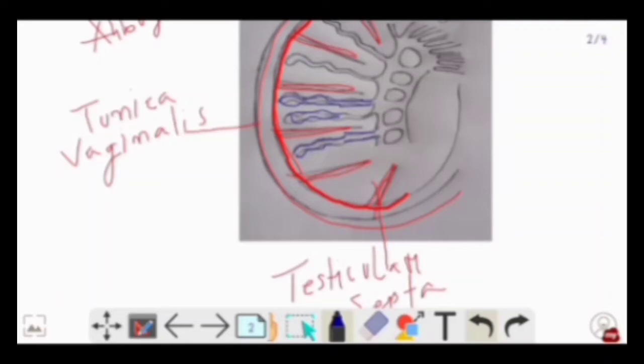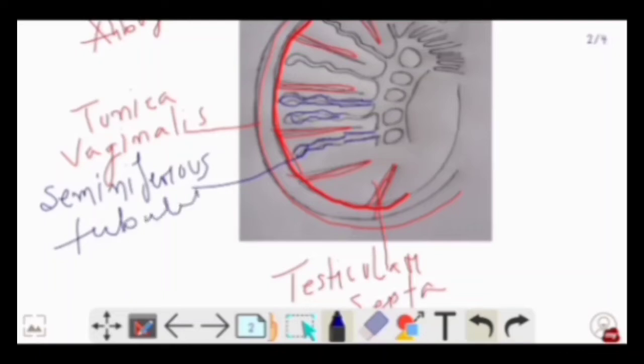These tubular structures are actually the seminiferous tubules, in each compartment, which is known as a testicular lobule.